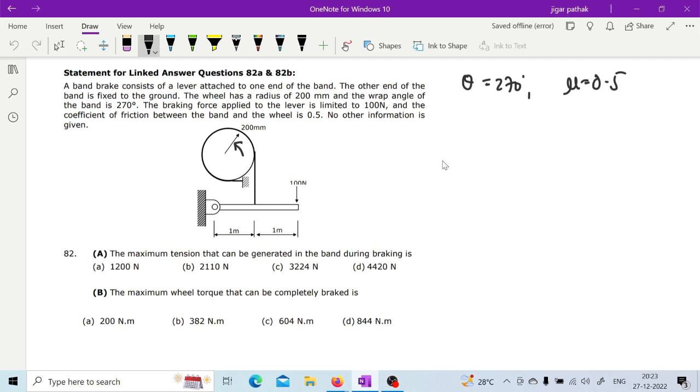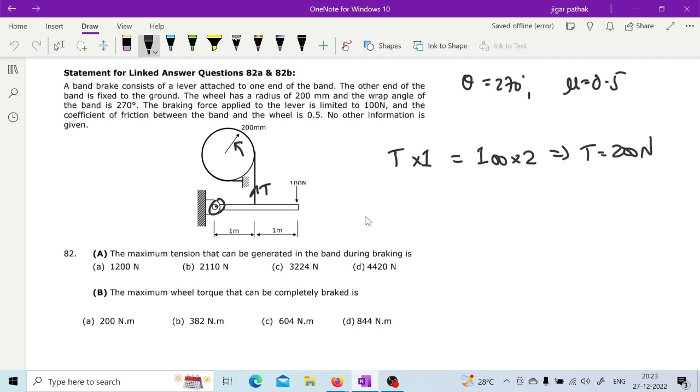Because if you take the moment about this particular point, or hinge, then in this tight side, if this force is acting in this direction, then this T into 1 will be equated to this 100 into 2, which will give you this T as 200 Newton, correct?